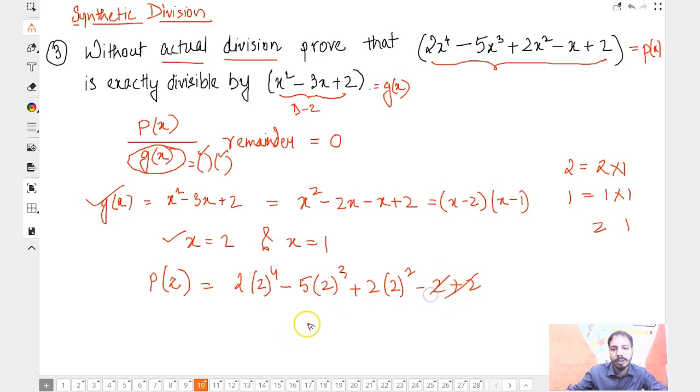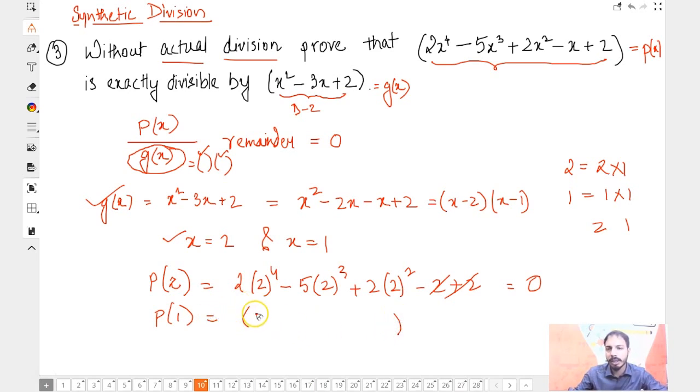First of all, these two got cancelled, and here what do we have? 2 to the 4 is 16, 2 times 16 is 32. And 5 times 8 is 40. So of course you'll get a 0 here. You can check it. Now put x as 1 and check what will be the value of this.